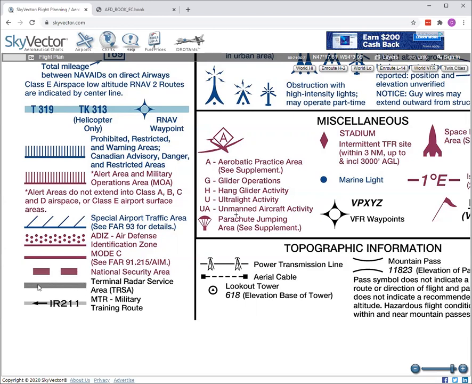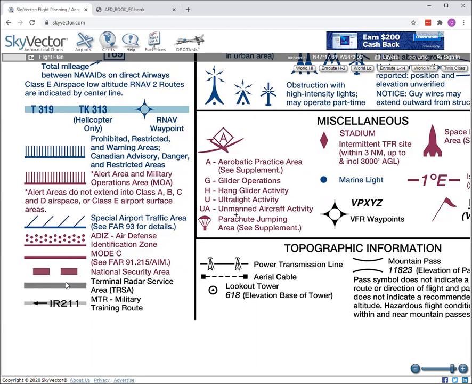TRSAs, these are the Class C wannabes. They're at airports that are Class Delta that happen to have an operating radar station. These are going to be phased out eventually. I don't know when, but at some point in the future, these will probably be gone. Basically, it's a way to tie in an antiquated old system with a newer system.